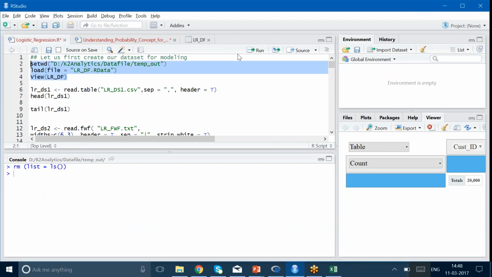For me, the file is in this working folder, which is K2 analytics data file temp out.